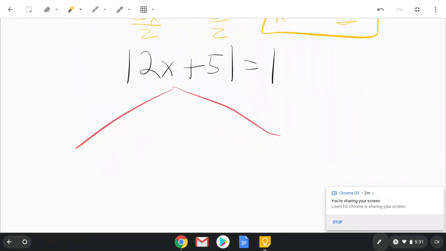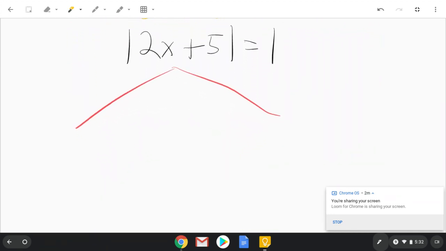Here's where we were going. This is what happens most of the time. If you have some absolute value equaling a positive number, whether it's 1 or 2 or 3 or whatever, you'll have to break that problem into two cases. What this says is that 2x plus 5 has a distance away from 0 of 1, and it's wanting us to find out what x is.